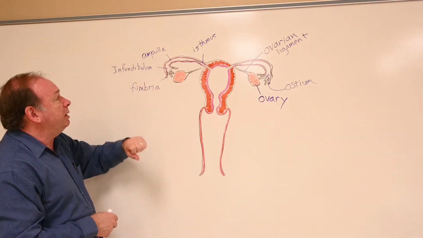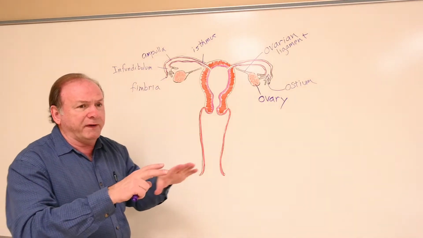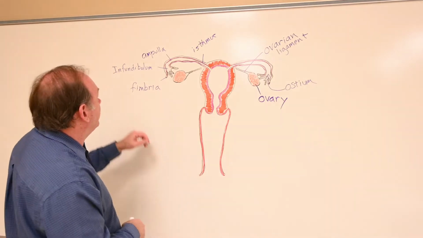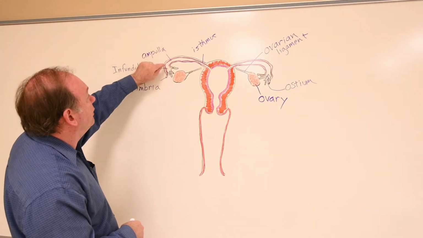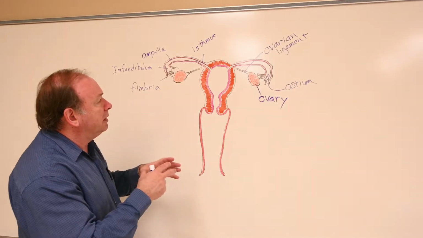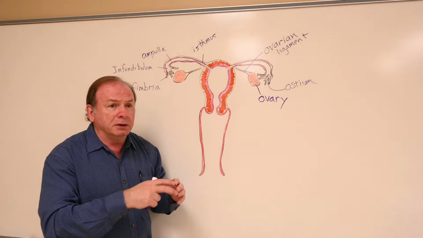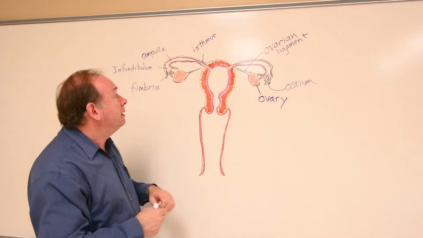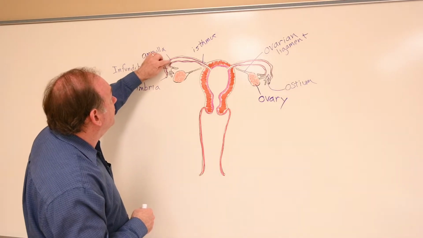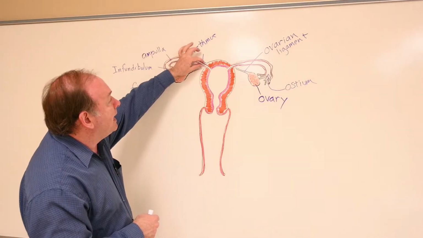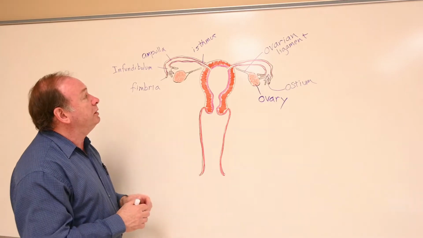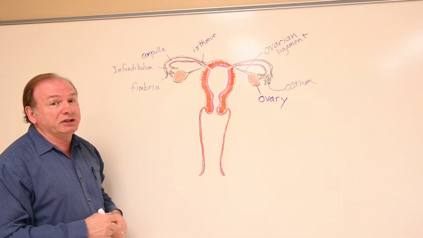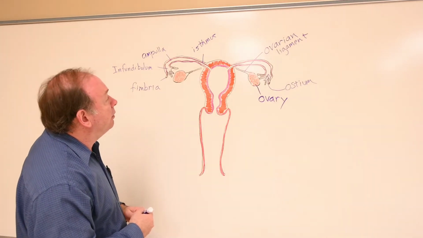First of all, the infundibulum is a funnel-shaped opening around the ostium, the infundibular portion of the oviduct. Then there's a rather more open section in the upper part of the oviduct called the ampulla that runs through here. Then it narrows just before entering into the uterus. That narrowed portion is the isthmus of the oviduct.